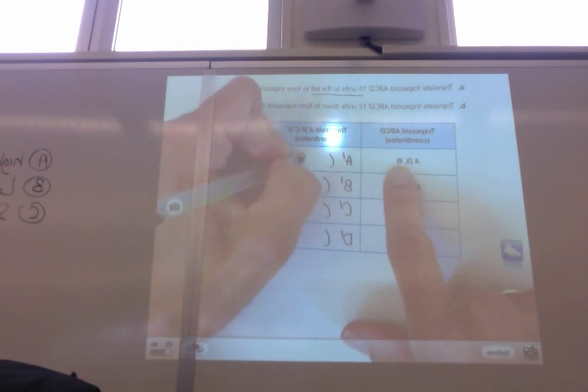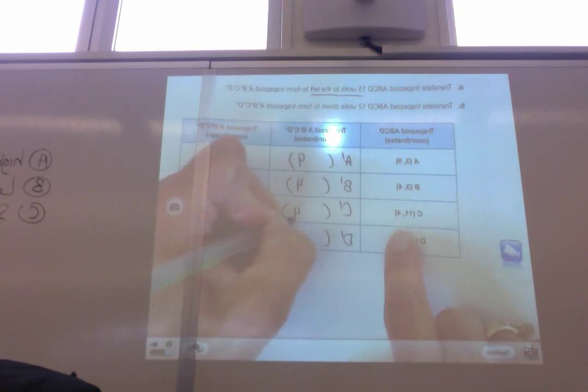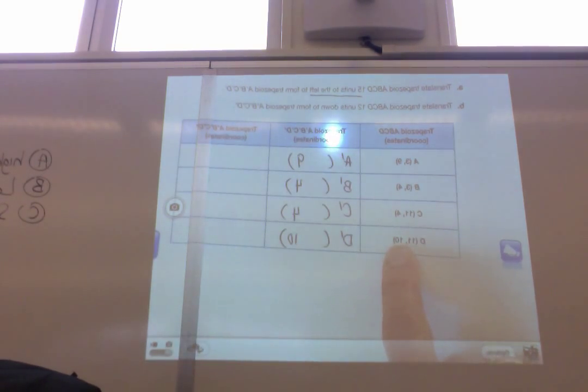So the second coordinate in these ordered pairs did not change because we slid it over. We're only changing where it is on the x-axis, so the first coordinate will change, but not where it is on the y-axis.